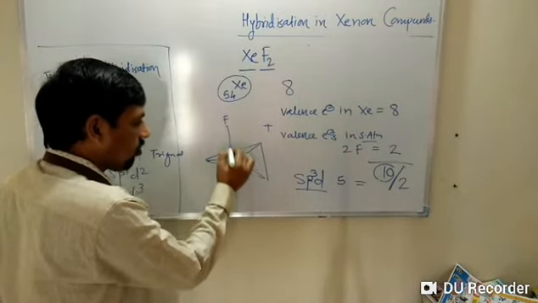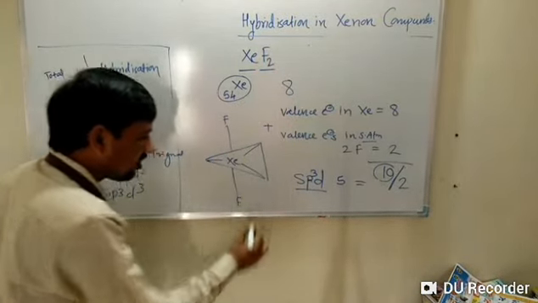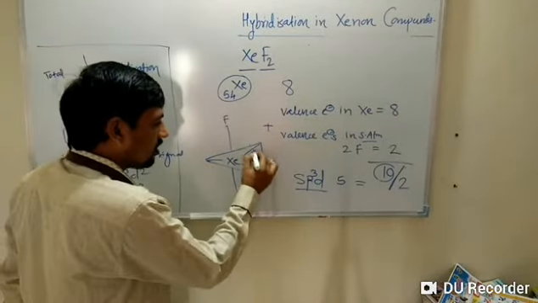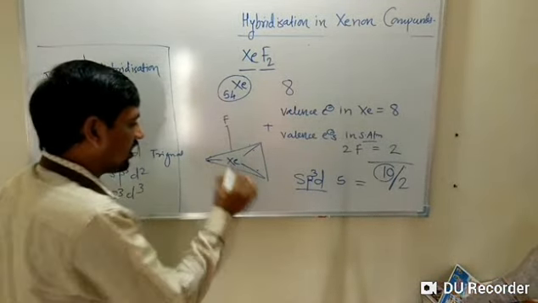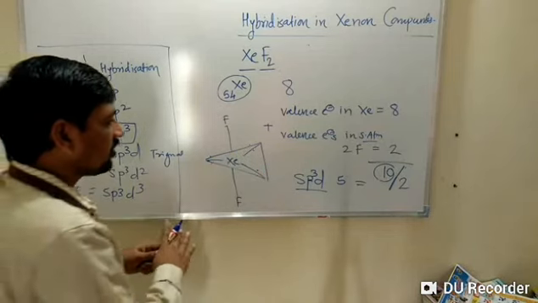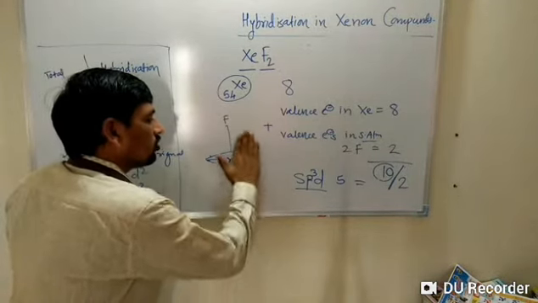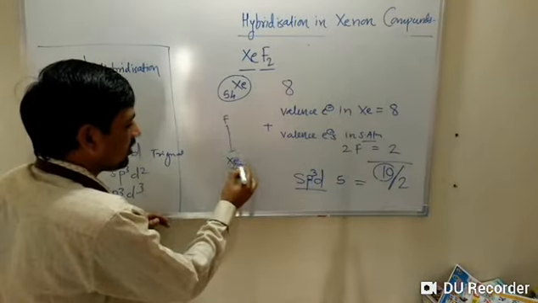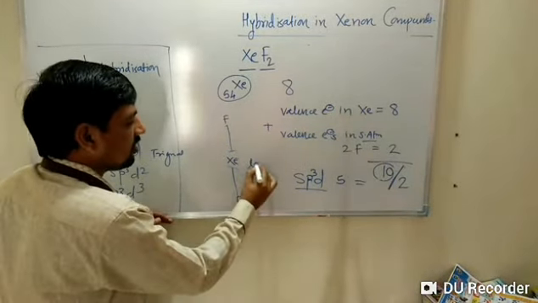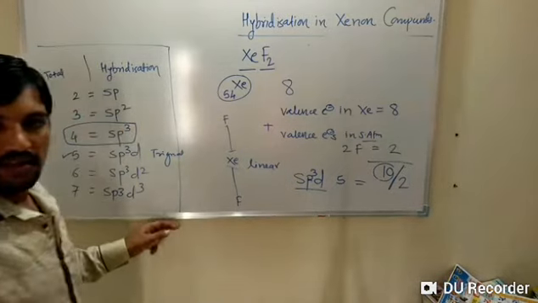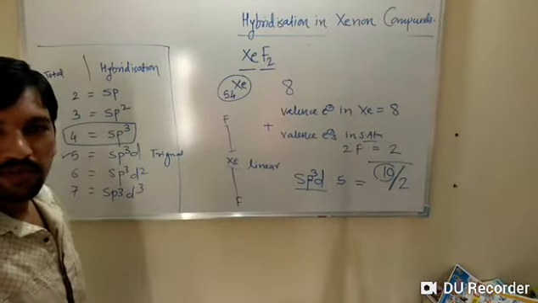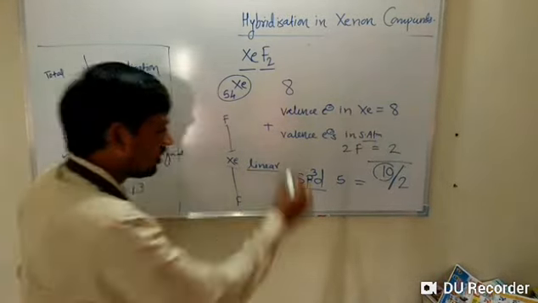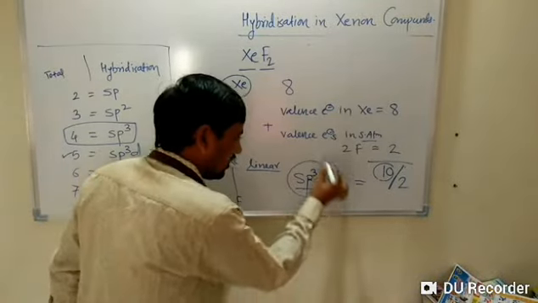One fluorine atom forms this bond, another fluorine atom forms this bond, and all others are lone pairs of electrons. But lone pairs do not take part in the geometry or shape of the molecule. So the shape is just like a line, a linear shape. The actual shape of the xenon fluoride molecule is linear, but the hybridization is sp3d.